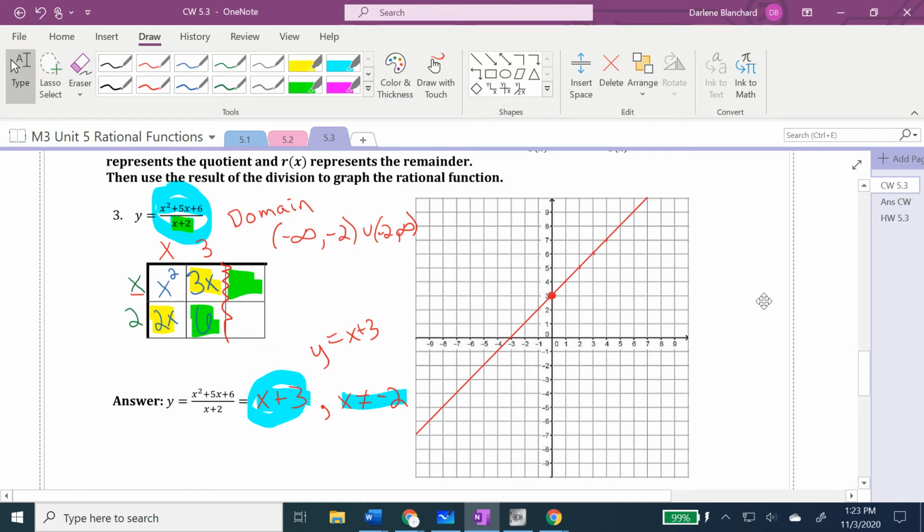However, how do you draw a hole or a missing point in the graph? Not easily. We have symbols for it because you really can't draw a point that's missing. So what you want to do is locate x equals -2, and where the graph is, you actually put a circle, and that circle is supposed to be not filled in.